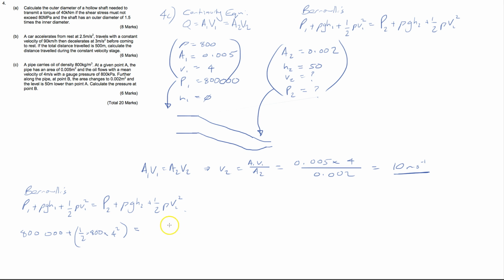Is equal to P2 plus, now I do need to do this one, this is 800 times gravity, 9.81, times H2, which was 50 meters, plus a half times 800 times V2 squared, which was 10, so 10 squared. Right, I'm just going to rewrite this.